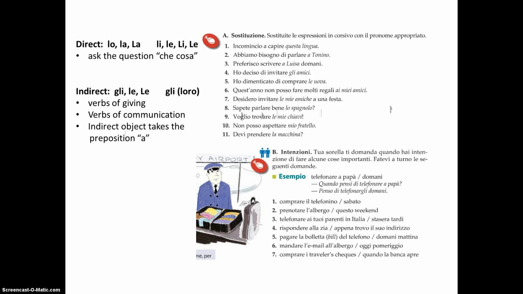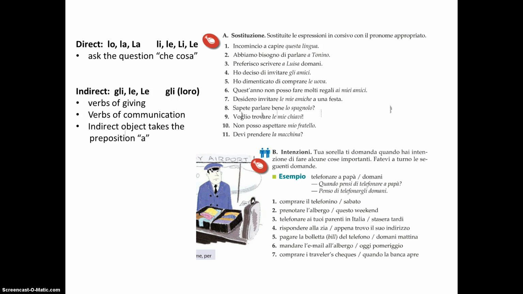Number 2, abbiamo bisogno di parlare a Tonino. Here we have parlare, a verb of communication, so we know we have an indirect object. Also because we have the preposition a. So Tonino, we know he's a male, and it's singular, so we would choose gli. Abbiamo bisogno di parlargli. Number 3, preferisco scrivere a Luisa domani.